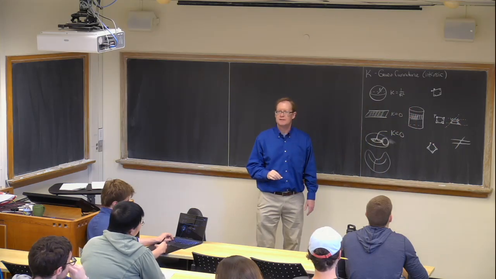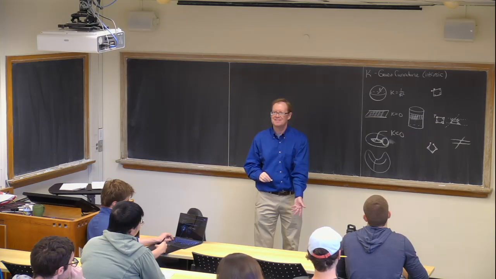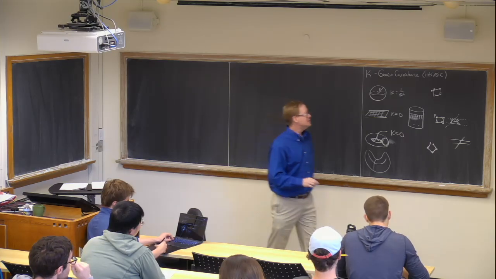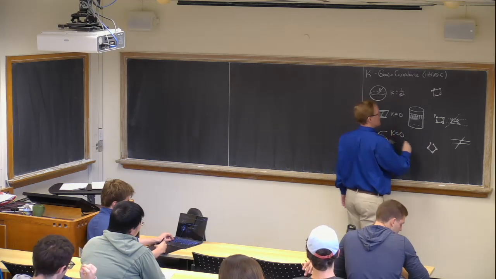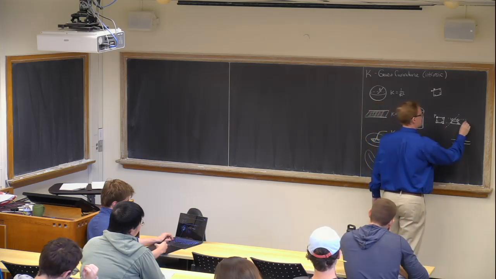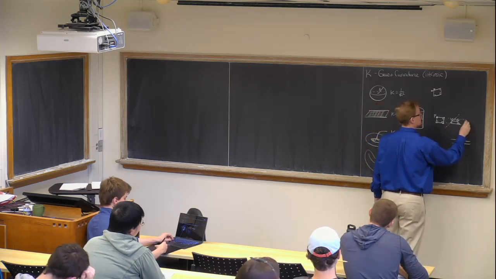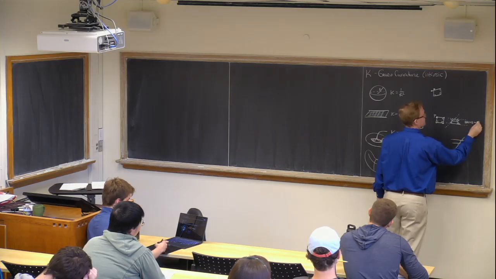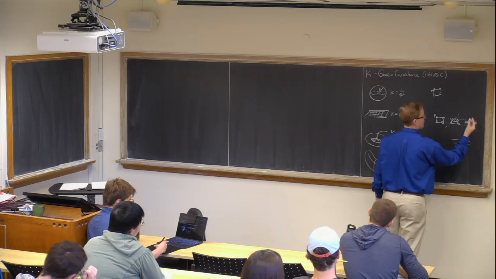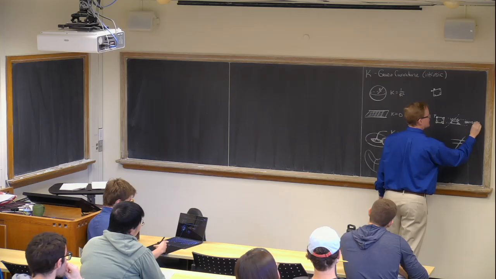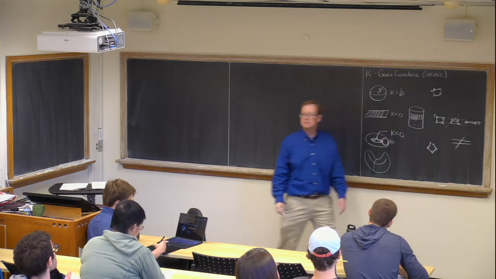So x plus y plus z is 180, but x, y, and z are the angles of the triangle. So for k equal to 0, when you have a triangle, the sum of the angles x plus y plus z is equal to 180 degrees, which in radians is pi.